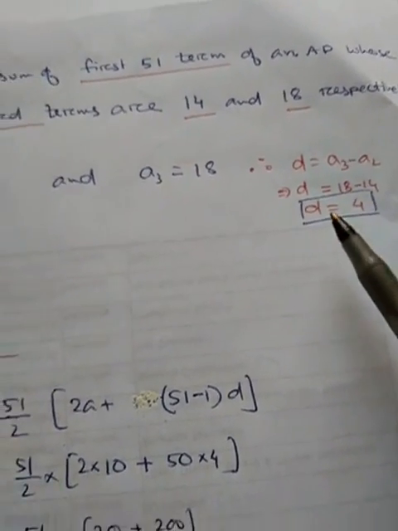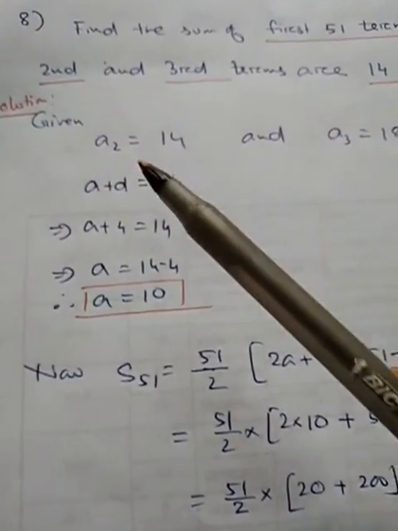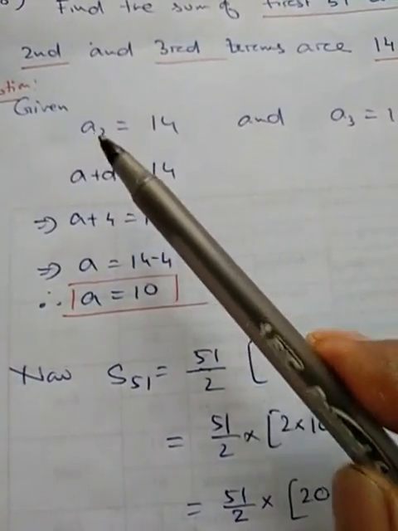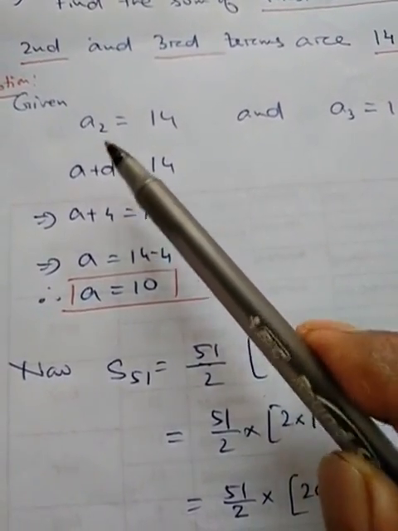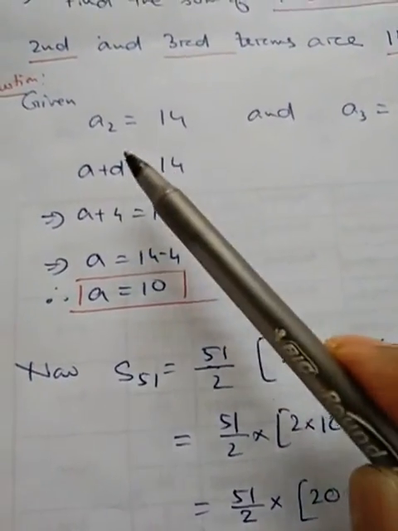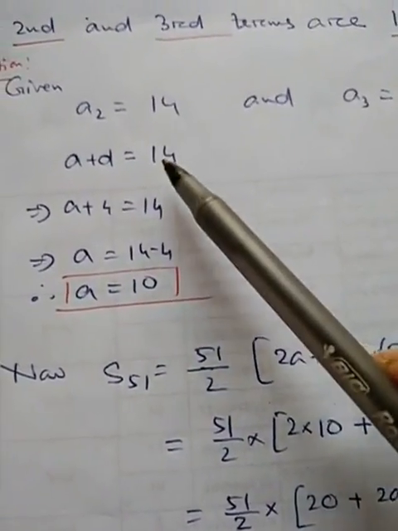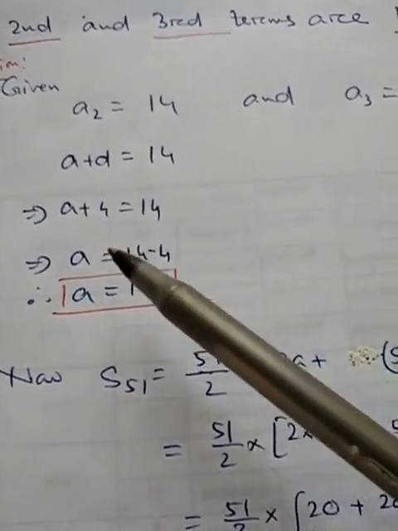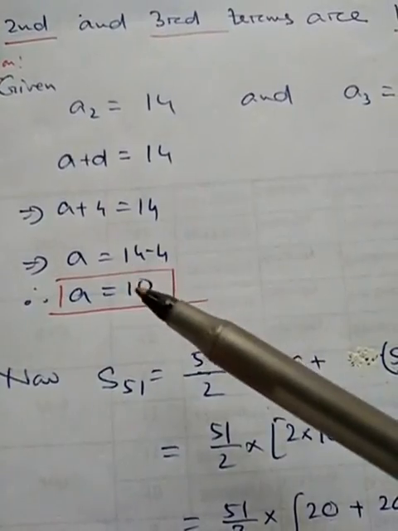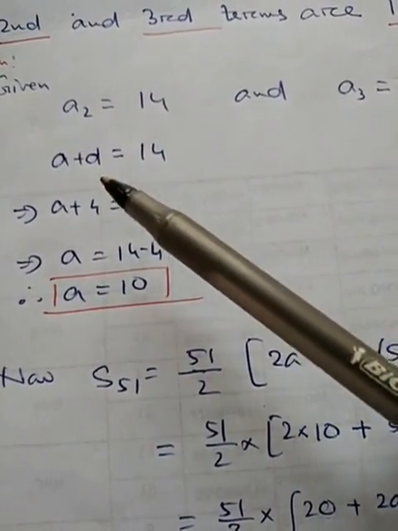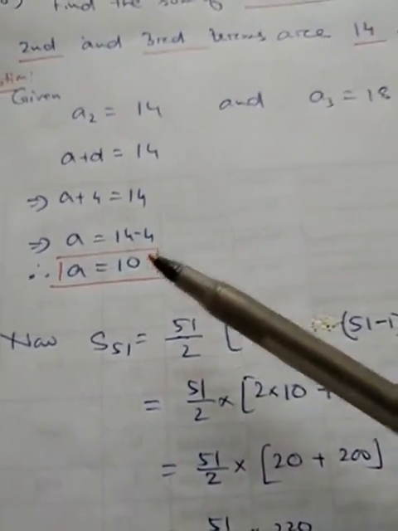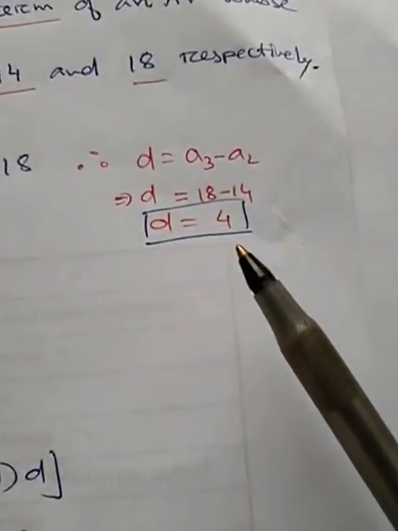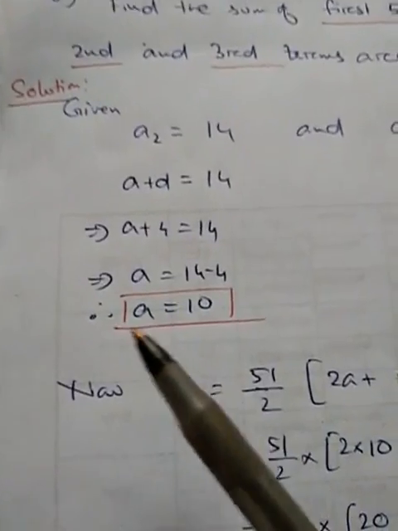After getting d, we can use it here. a2 means a plus 2 minus 1 into d, by the an formula, equals 14. So a plus 1d equals 14. So the value of a is 10 by putting the value of d, which is 4. Simplifying, that is 10. Now d we have got 4 and a we have got 10.